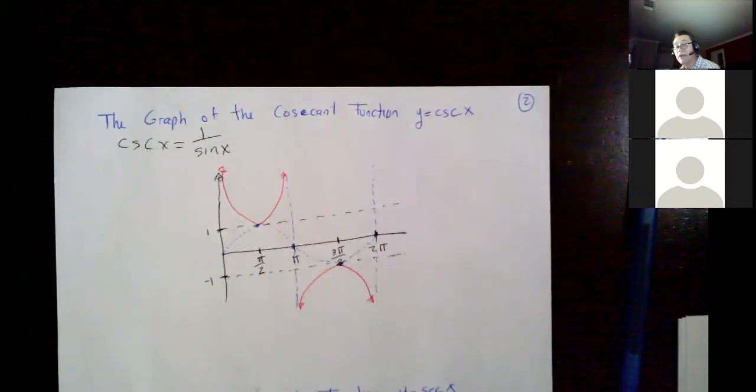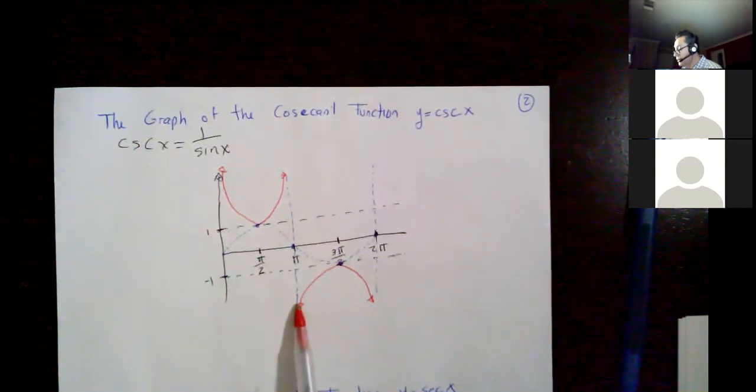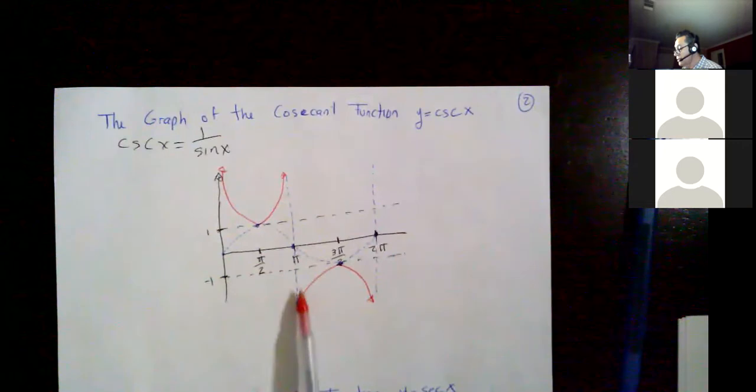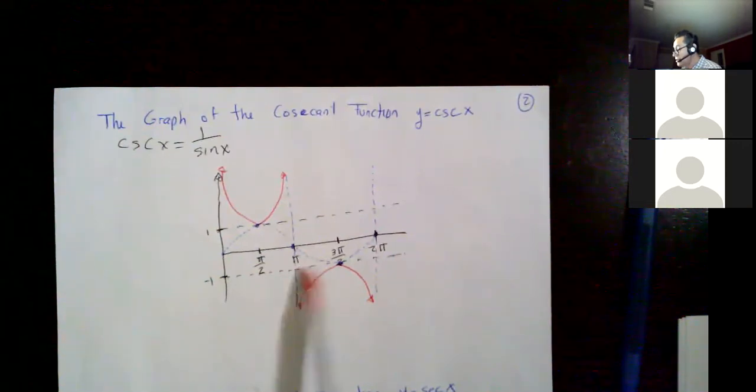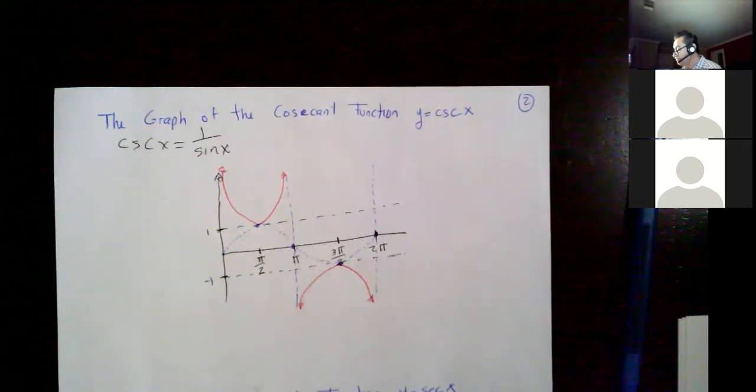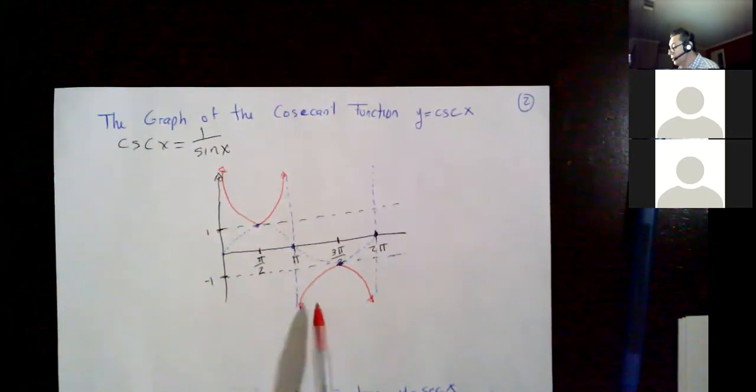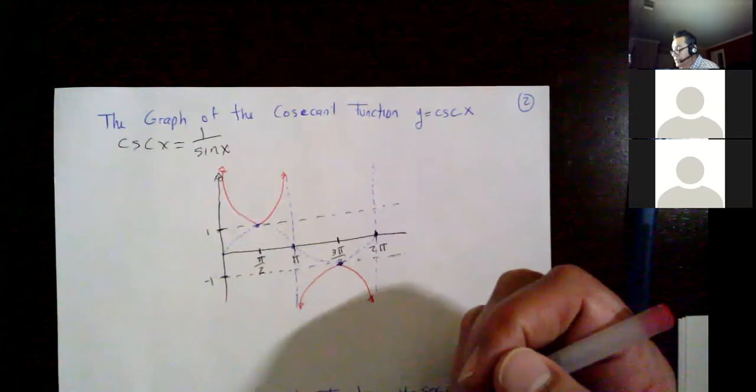But in order to graph it, I'm using the sine of x, something that I already know, to help me find the cosecant of x. And notice, the domain, as we said, is all the numbers except n pi. And remember the range of the cosecant, you guys?